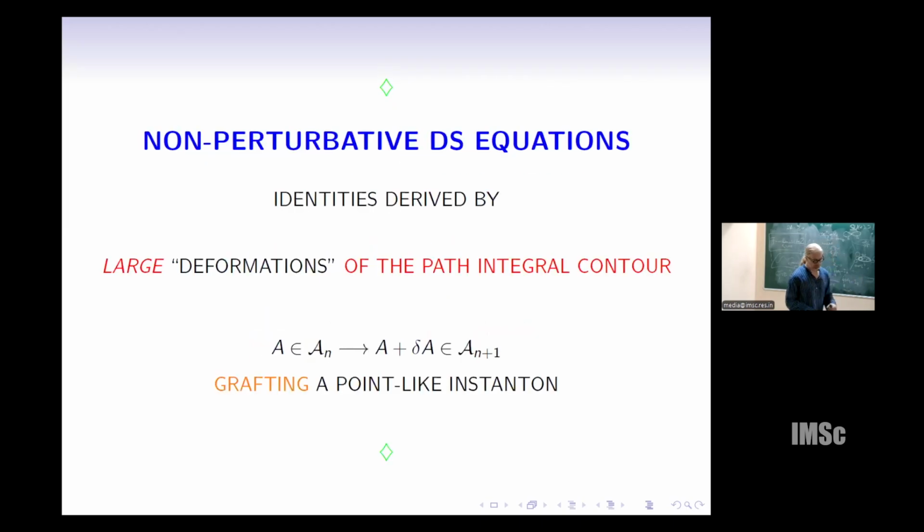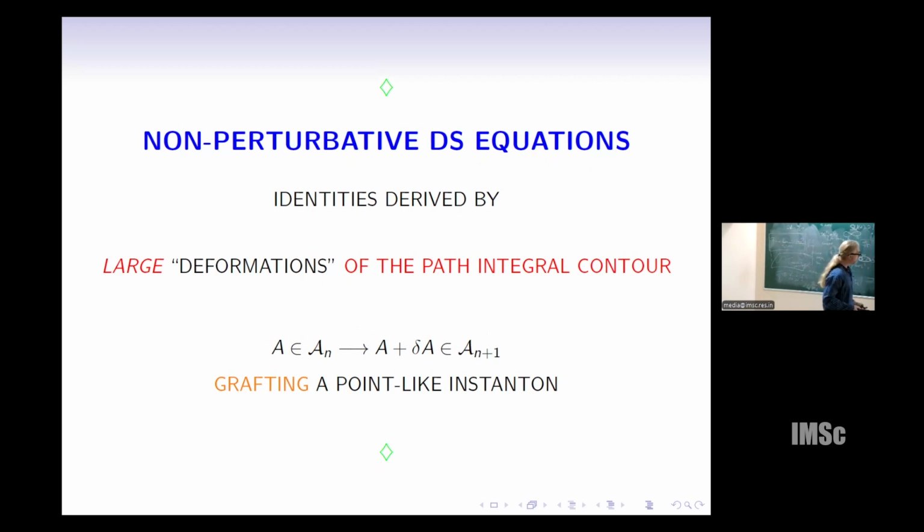The dream is to supplement the set of Dyson-Schwinger equations, corresponding to the small variations of the contour, with a set of equations which correspond to large deformations of the path integral contour, where locally in space-time you graft a small size instanton, which bumps you into a different instanton sector.